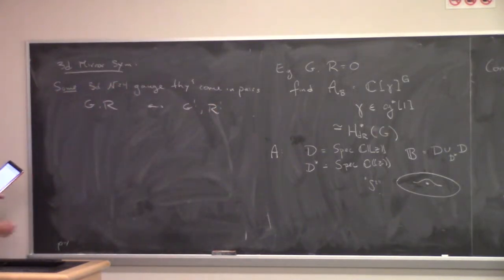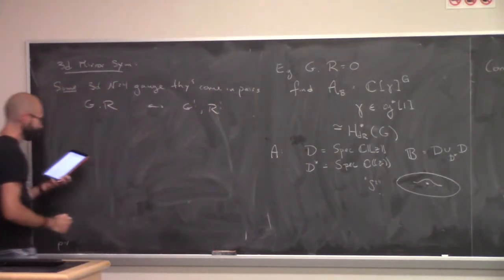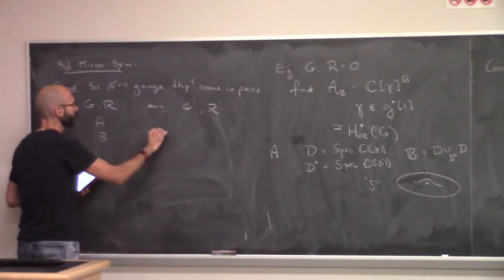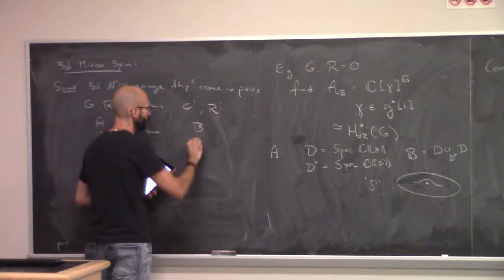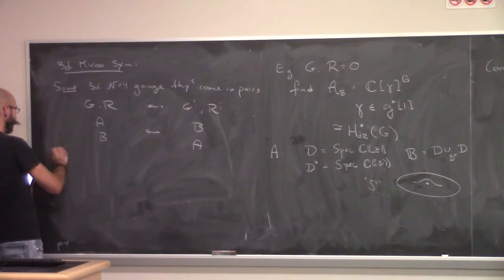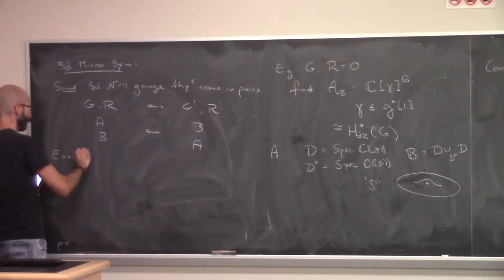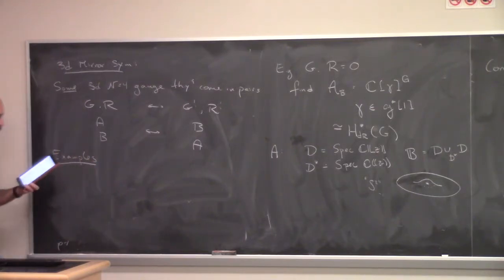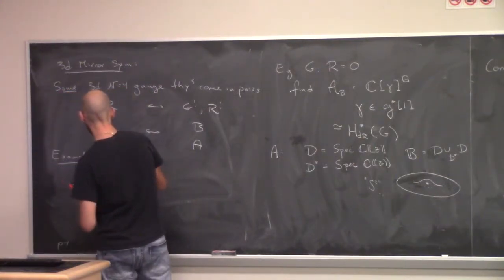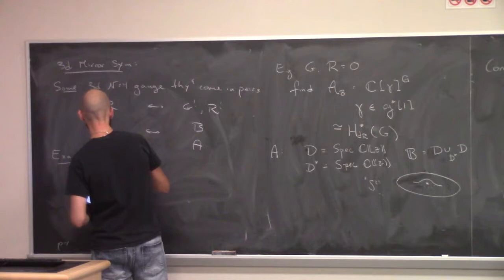So they're pairs, G, R and G dual, R dual, such that the A and B twists are exchanged. So everything computed in the A twist on one side matches the B twist on the other side, and vice versa. The examples include all abelian gauge theories.